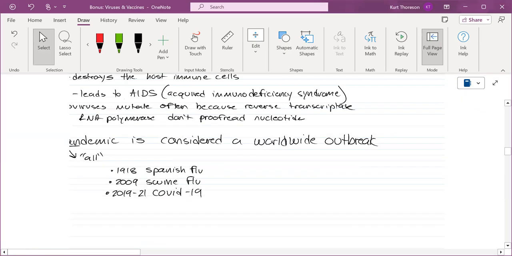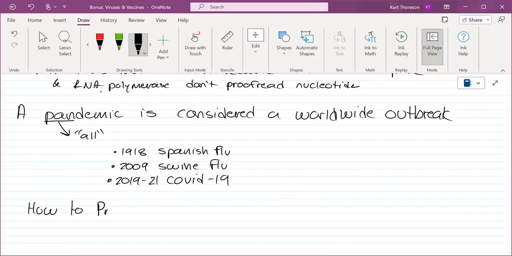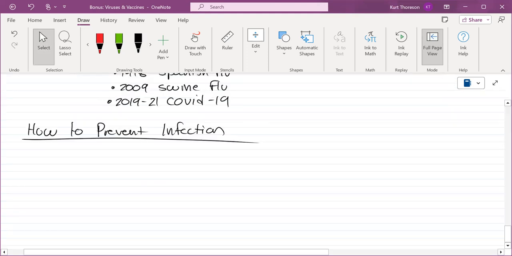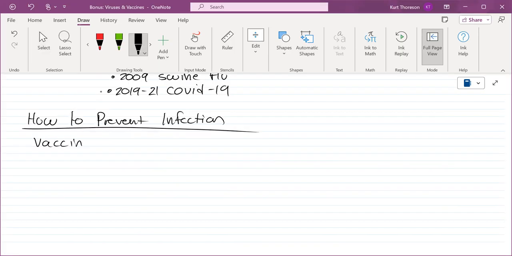All right, moving on. Let's see. How to prevent infection. What's the number one invention that we've created? I view it as a top 5 scientific invention of all time. A vaccine. Vaccinations.